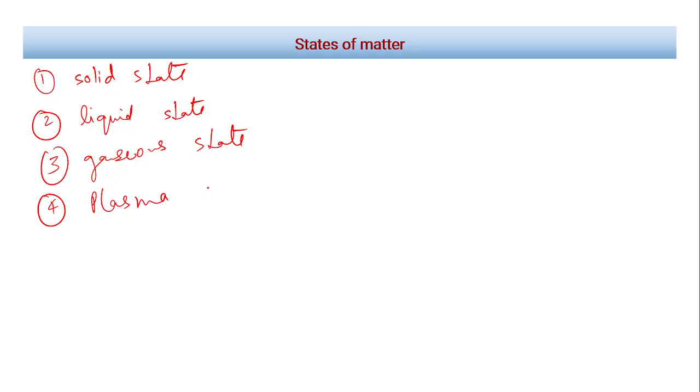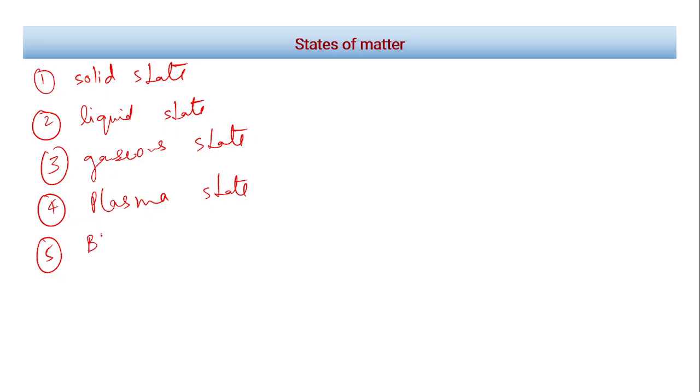A plasma state, we'll see what that is. And there is another, also not seen naturally around, but it is a state of matter that has been reached by scientists in the lab. So we don't see it naturally around us, but just for your information, this is also considered one of the states of matter.